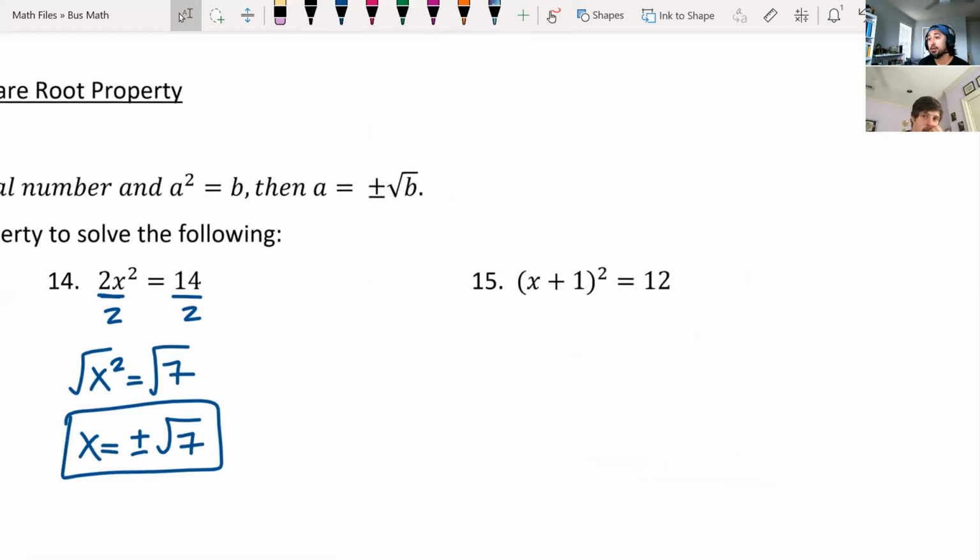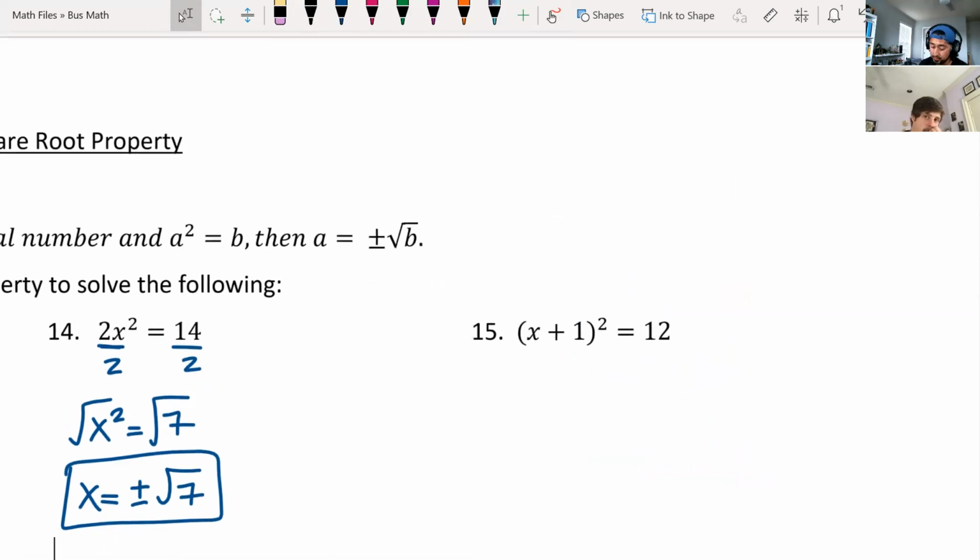15. You have x plus 1 squared equal to 12. All right. Now this one, we have to get rid of that squared power. So the only way to do that is by square rooting both sides from the beginning.